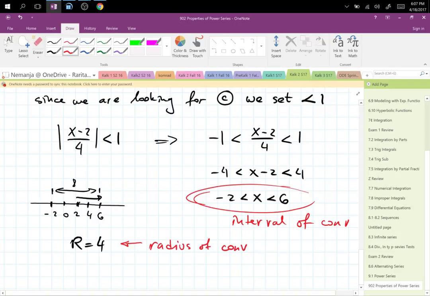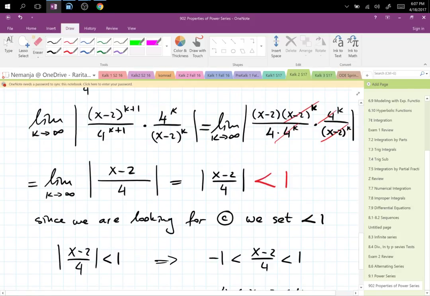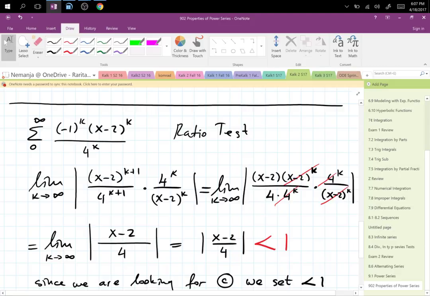Do you see something interesting here? Where is this radius starting? It's 2. Now look at your power series on top. That has to happen. This power series was centered at 2.